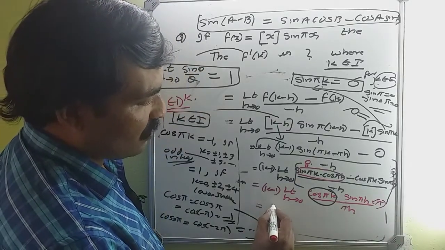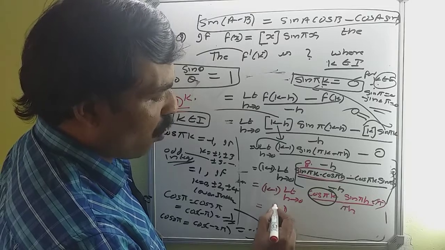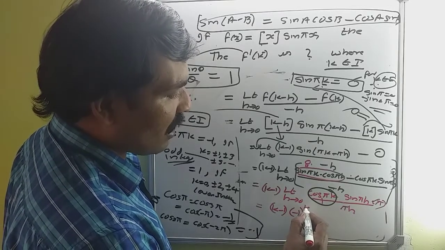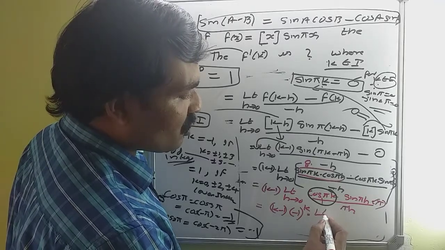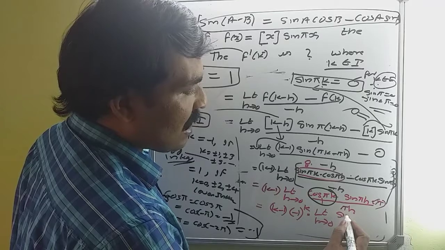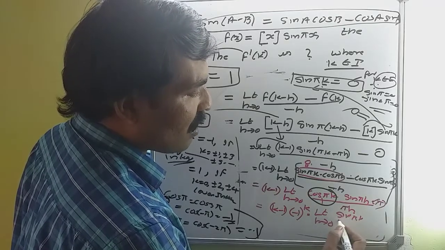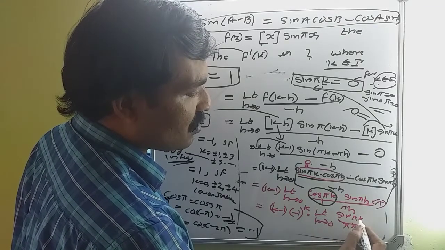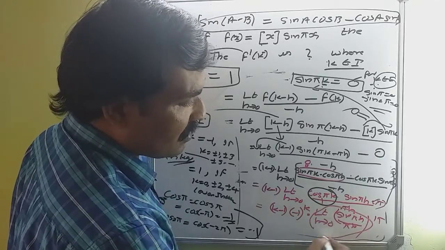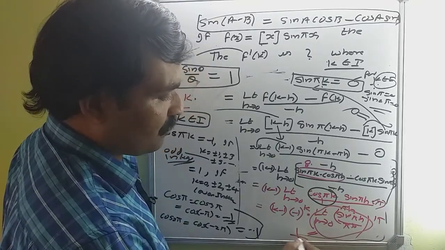Now, this is equal to k minus 1 into minus 1 raised to k into limit h tends to 0 sin pi h divided by pi h into pi. The value of this limit is equal to 1.